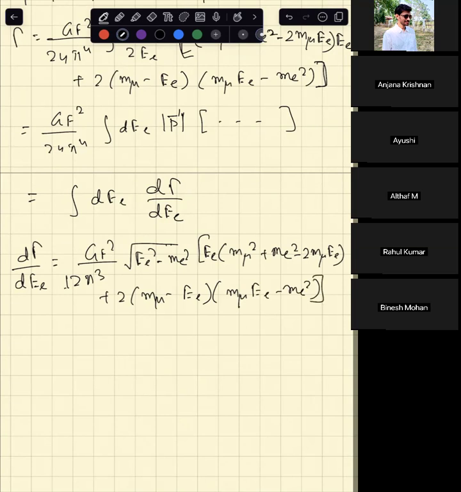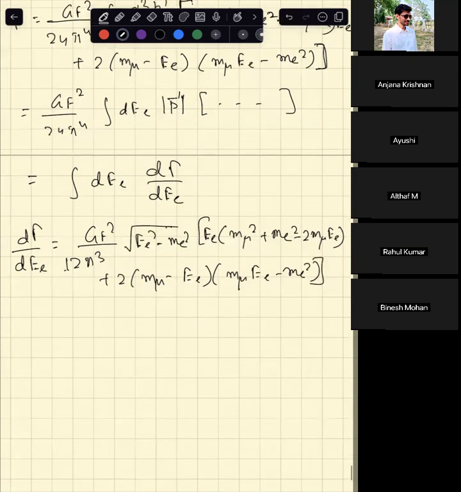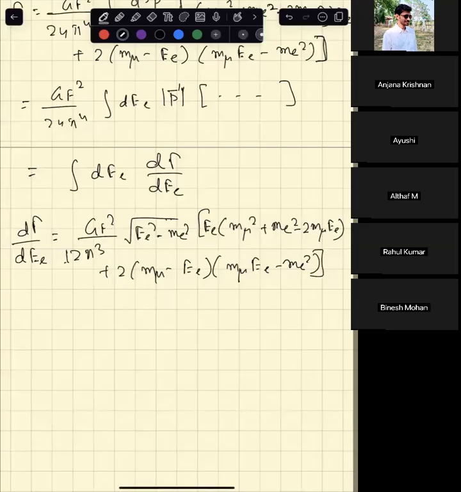Okay, so this is the decay width of the muon of this quantity. So what does it say?